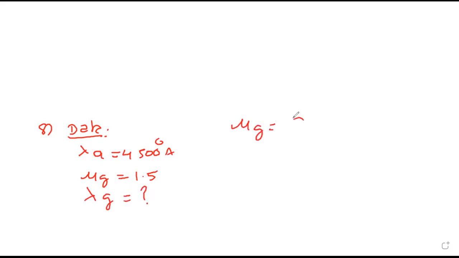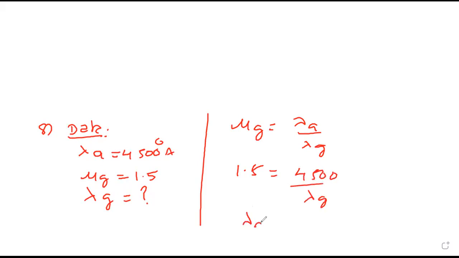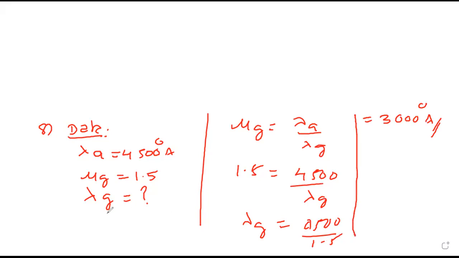Refractive index of glass block is wavelength in air upon wavelength in glass. So 1.5 is 4500 upon lambda in glass. Lambda in glass is 4500 upon 1.5. So lambda in glass will become 15 3s are 45, 3000 angstrom unit. See how simple it comes in the exam. This is exam paper question.